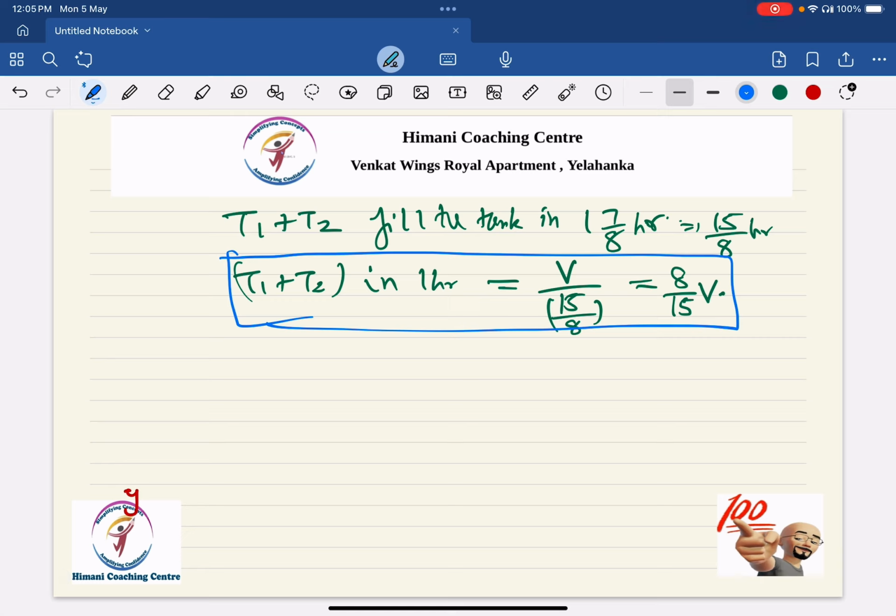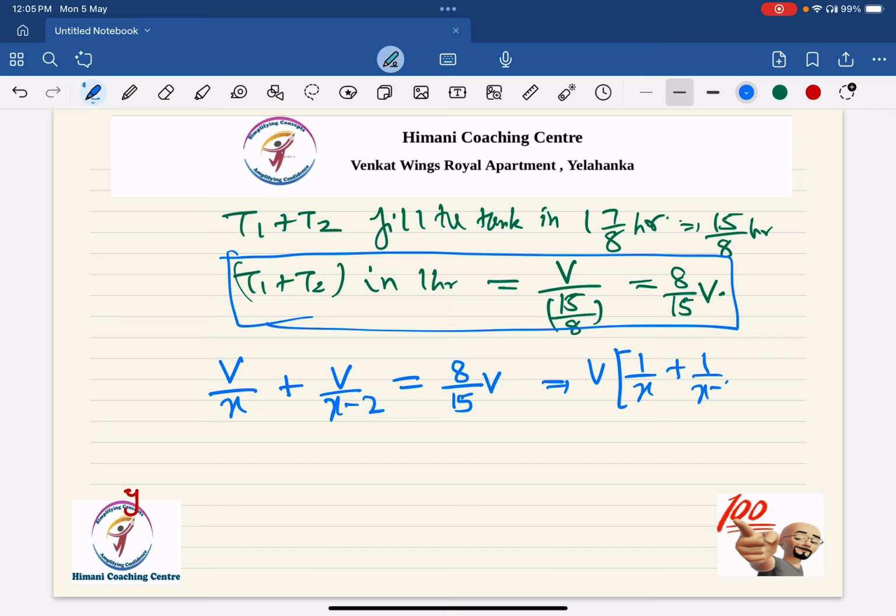We will say that V over X plus V over X minus 2 should be equal to 8 by 15 V. We can take V common and so that will just go away. So 1 over X plus 1 over X minus 2 is equal to 8 by 15 V. This V and V cut each other. We are left with this equation which can be converted into quadratic.